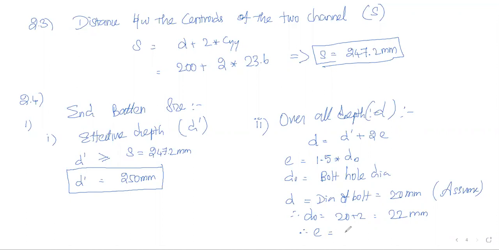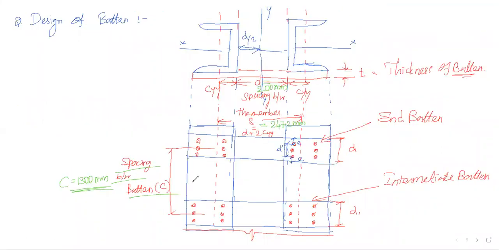Therefore, edge distance E equals 33 mm, say 35 mm. Therefore, D is equal to 250 plus 2 into 35, so 320 mm is our overall depth of end batten. So we mark it in the figure: overall depth of end batten D is equal to 320 mm.